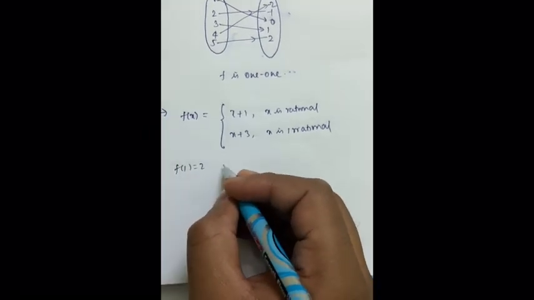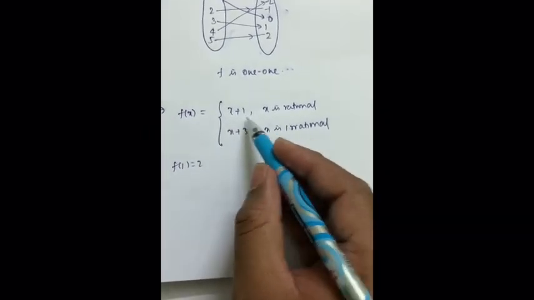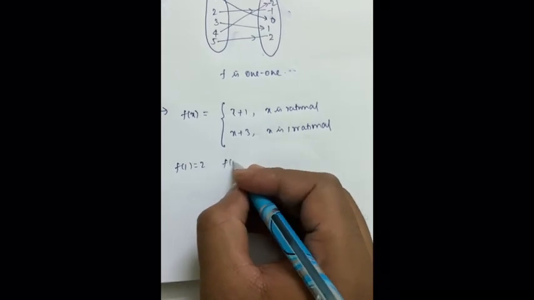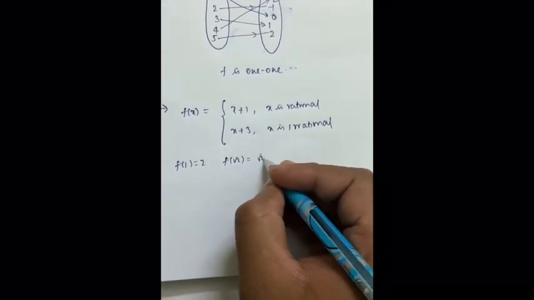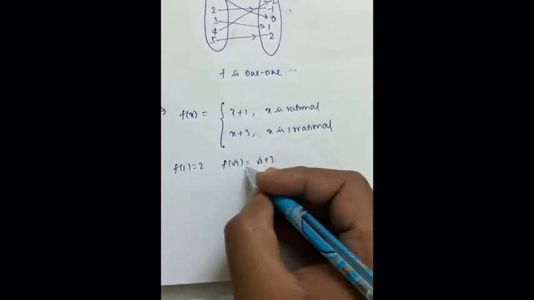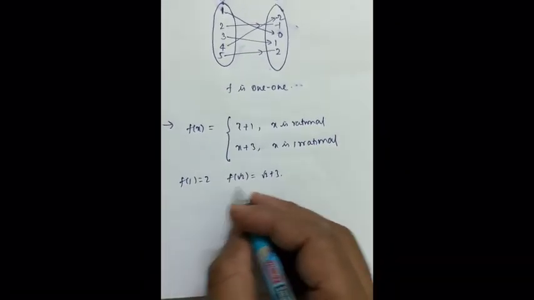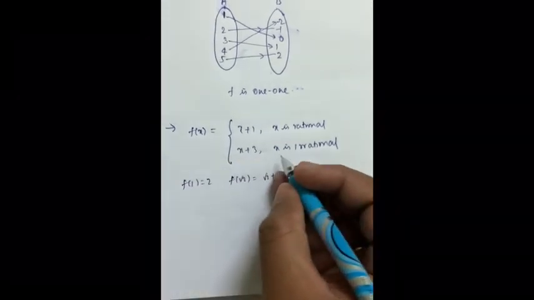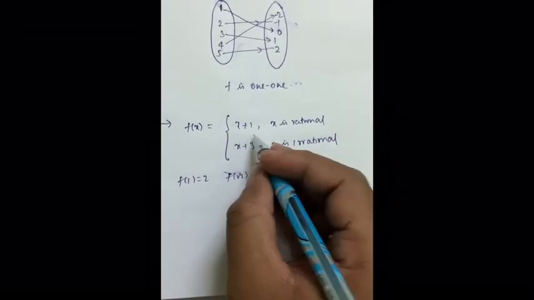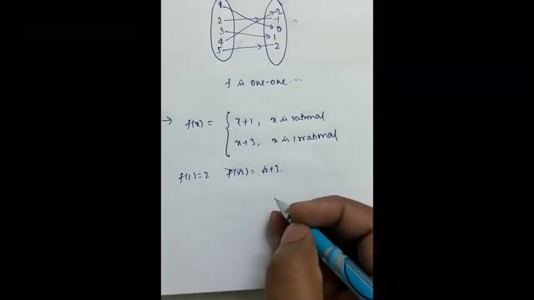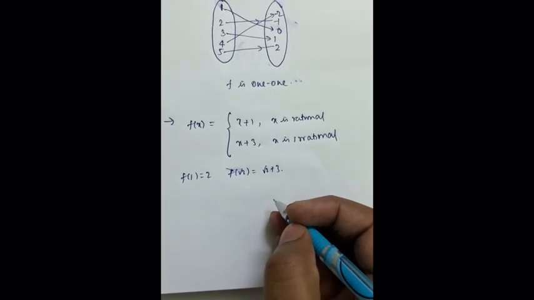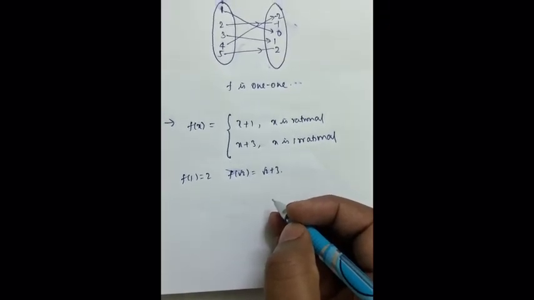It is 2, because 1 is rational, so we substitute here. What will be f of root 2? It will be root 2 plus 3, because root 2 is irrational. So just understand: if the input is rational, it will be x plus 1, if irrational then x plus 3. Then how to check one-one for this function?